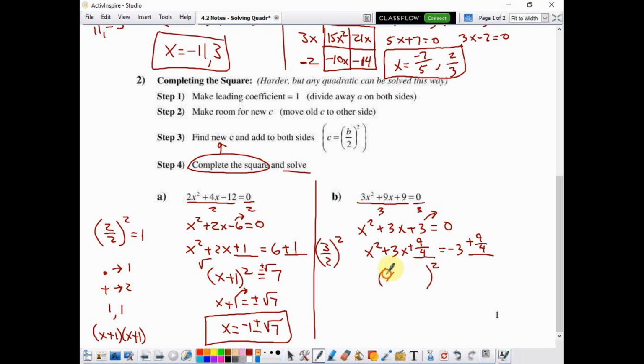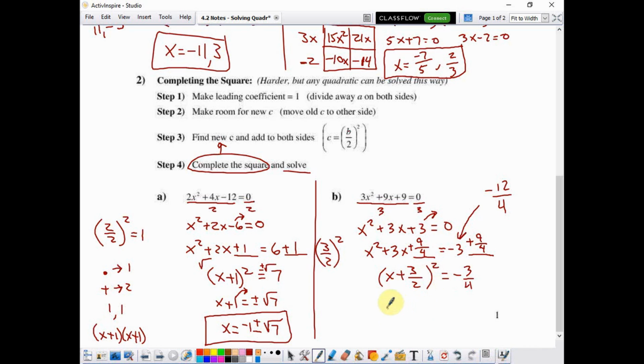So it's x plus 3 halves. Now when I want to add these, I can do this without a calculator just fine. That negative 3, I want that to be in terms of fourths. Well, negative 3 times 4 is negative 12, so it's negative 12 fourths. Negative 12 fourths plus 9 fourths is negative 3 fourths.